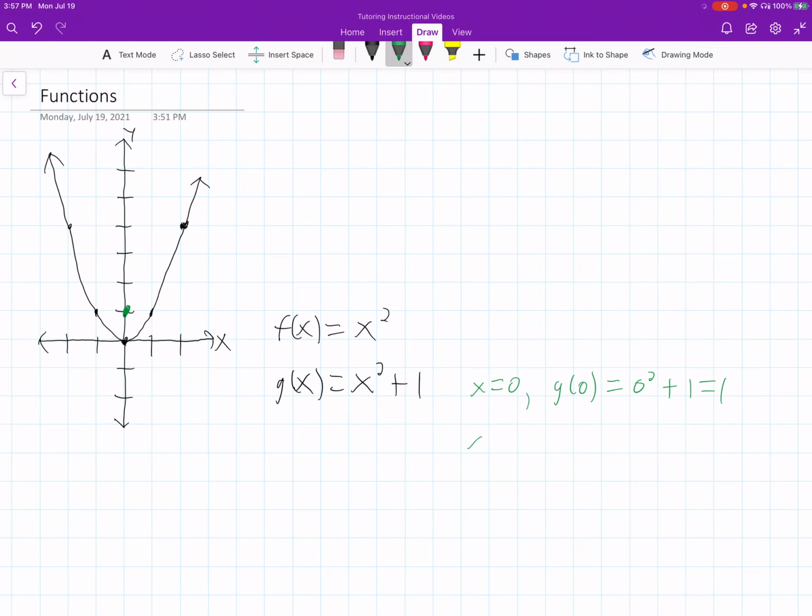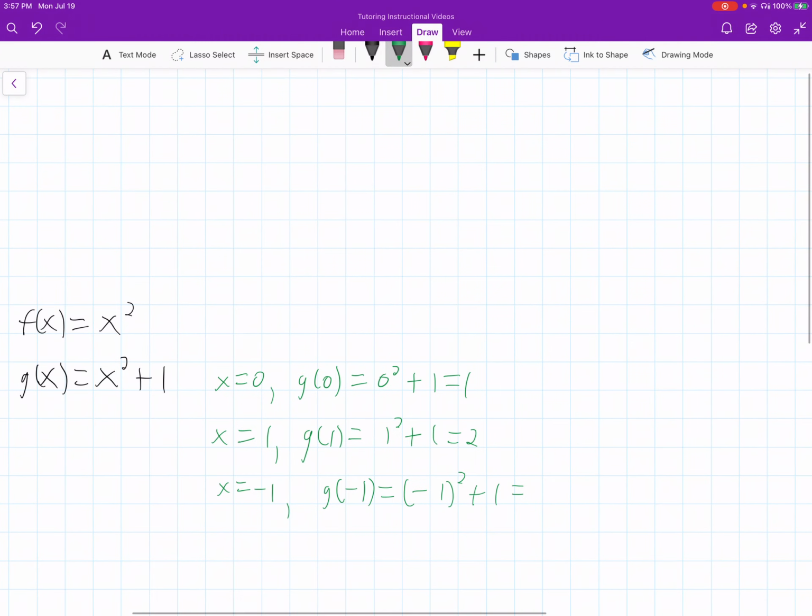Let's say when x is 1, g of 1 is 1 squared plus 1, which is 2. And the same thing would be for negative 1, because g of negative 1 is negative 1 squared plus 1, which is 1 plus 1, which is 2.